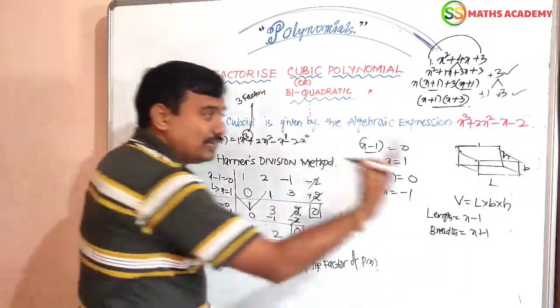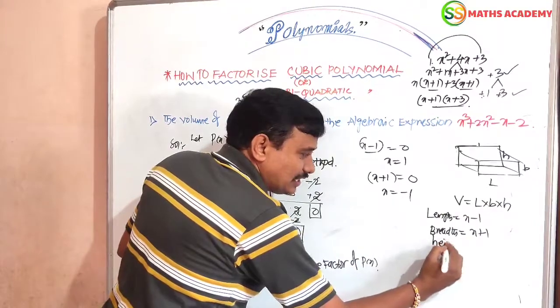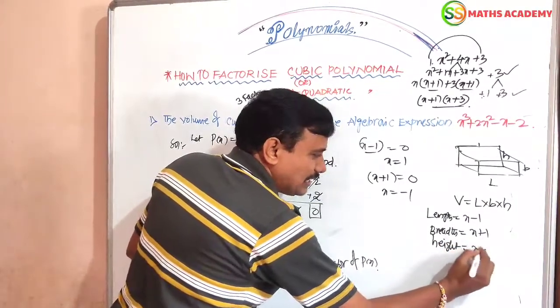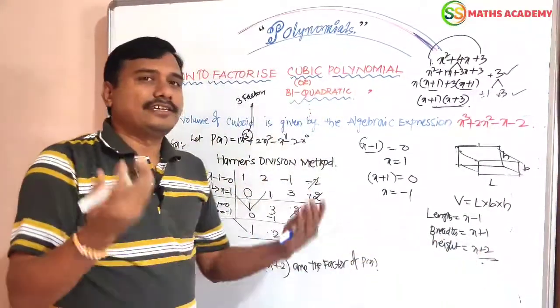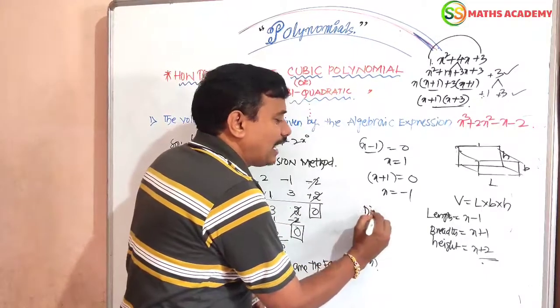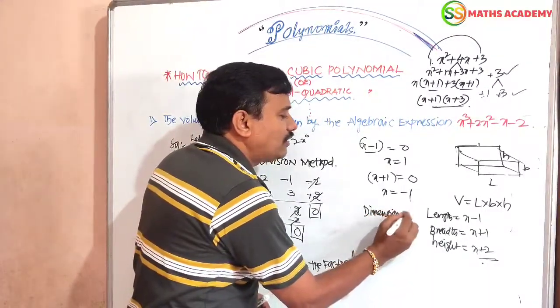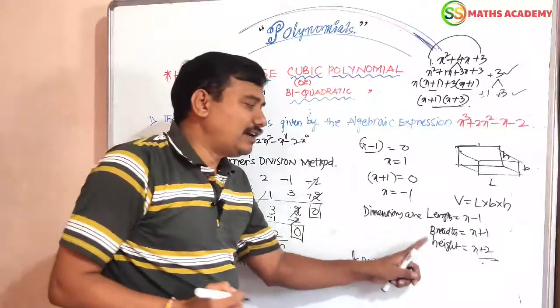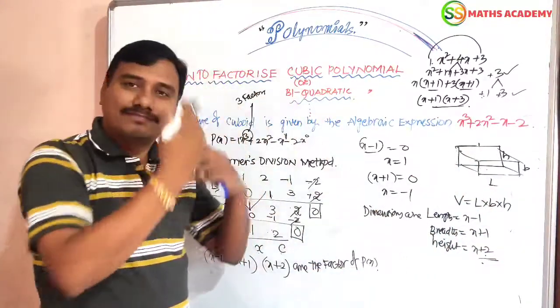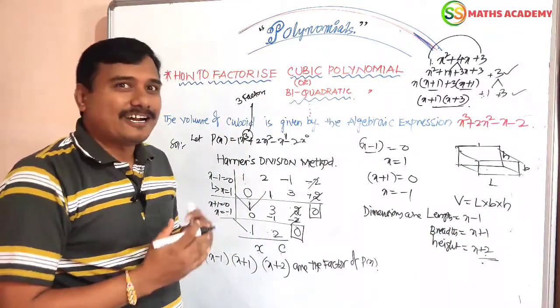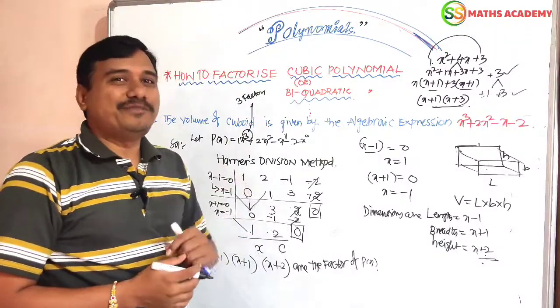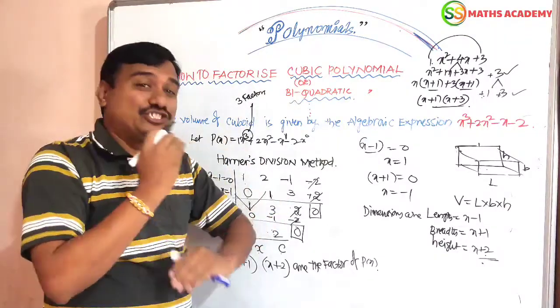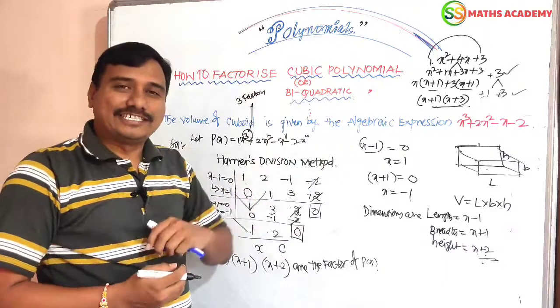The third value, height, is x plus 2. Yes, these dimensions are the length, breadth and height of the cuboid. We proved it by the concept of polynomials, linking the chapter with geometry. We proved it. Clear?